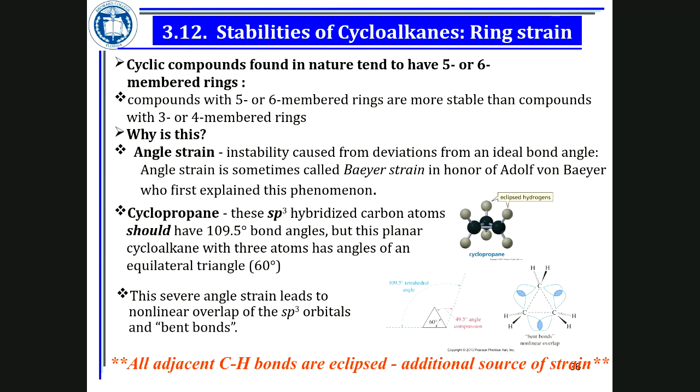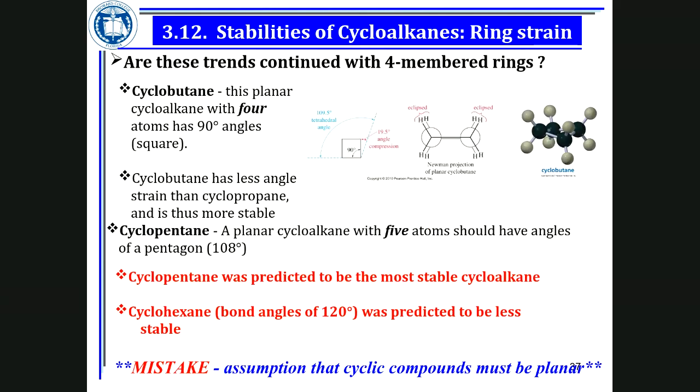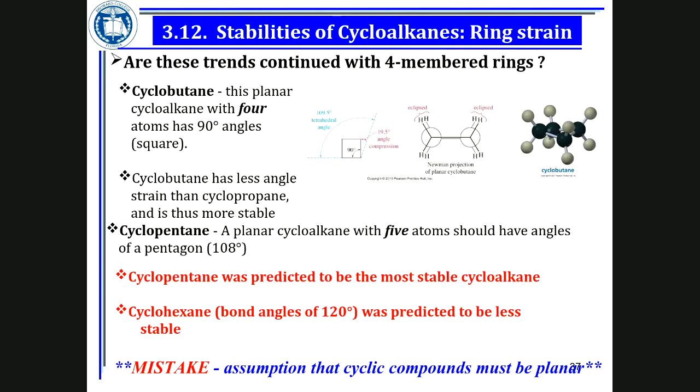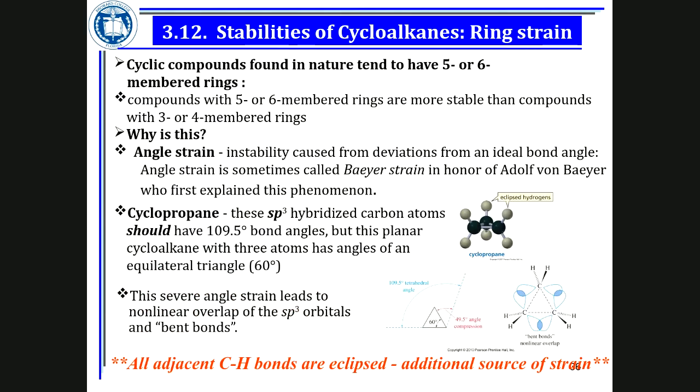Do you have any calculation? Do you know what is the bond angle for cyclopentane? 108, actually. For a pentagon it is going to be 108. And how do you calculate that actually? Because I don't want you to memorize it.